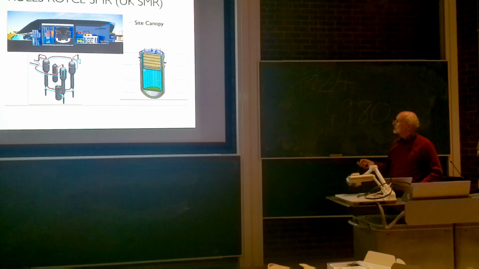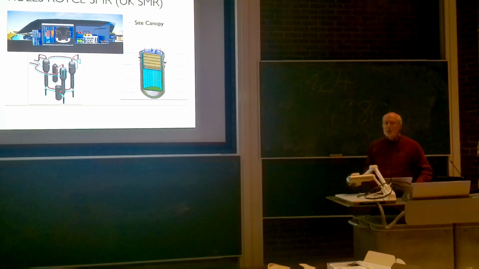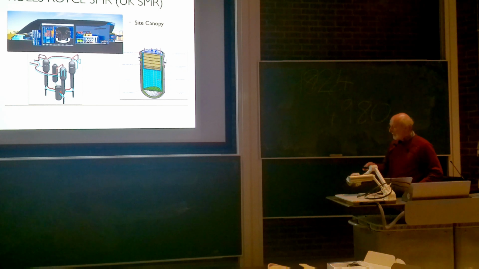There's various guides to bring fuel rods down into the reactor, and the coolant comes up from the bottom and out through the ports to the steam generators. Okay, so that's an overview of what Rolls-Royce are proposing.